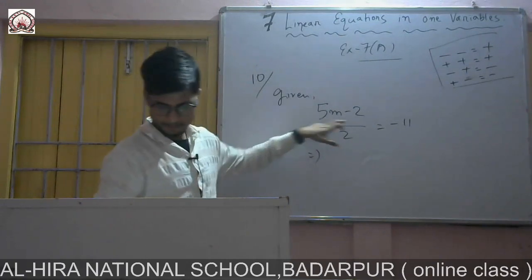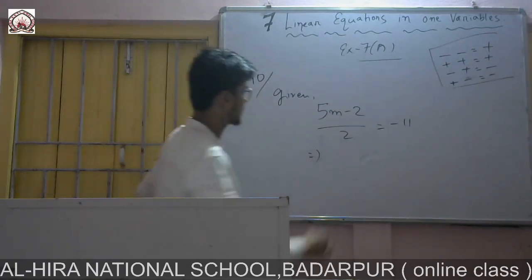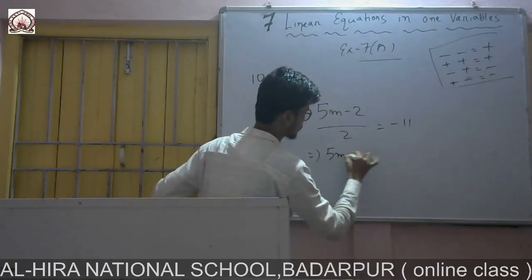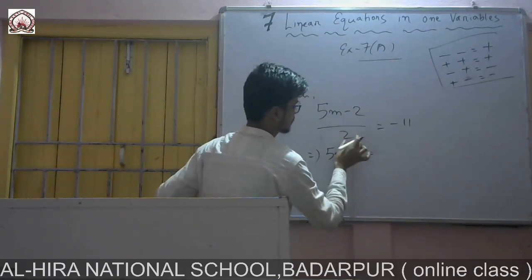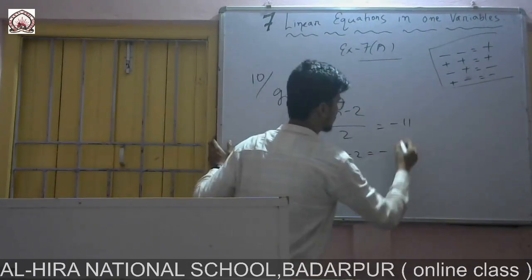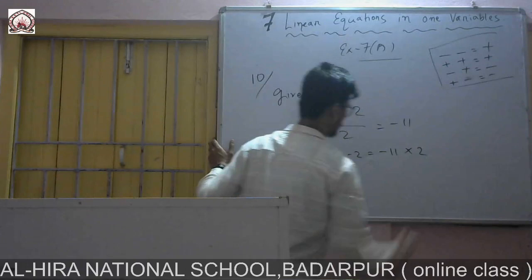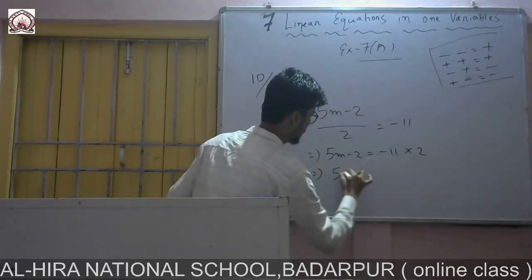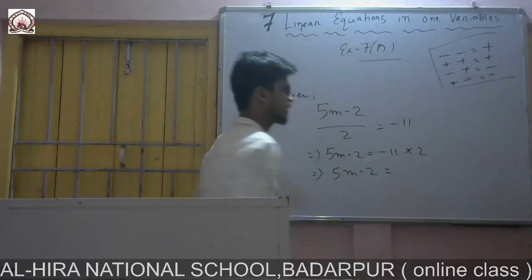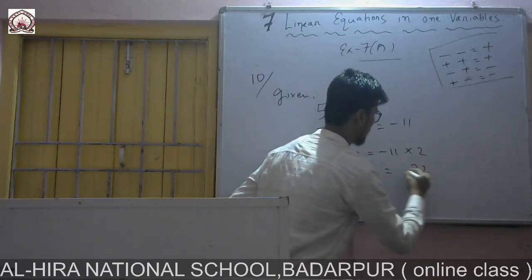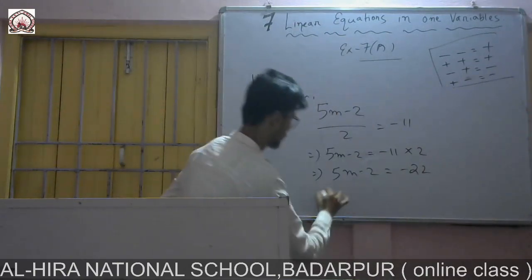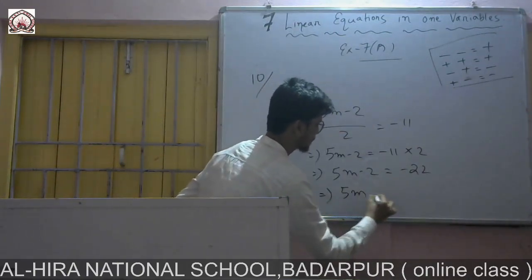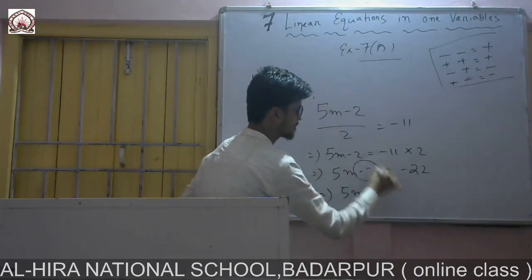So it is 5m minus 2 by 2 equals to minus 11. So 5m minus 2, it will be here. This 2 will multiply this one, minus 11 into 2. So 5m minus 2 equals to 11 2s are 22. Sign is minus. So you write 5m equal to, I will transpose this term minus 2.